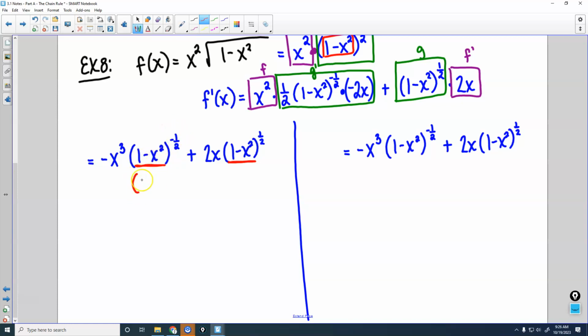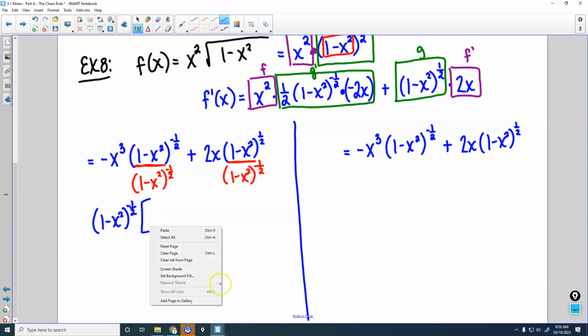So I'm going to factor out 1 minus x squared to the negative 1/2. Okay, so if I do that, I have to write 1 minus x squared to the negative 1/2 out front. And then when you're factoring out a greatest common factor, it's like you're dividing each one of these terms by that.